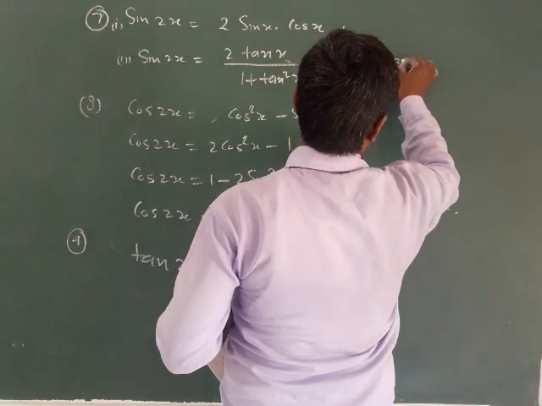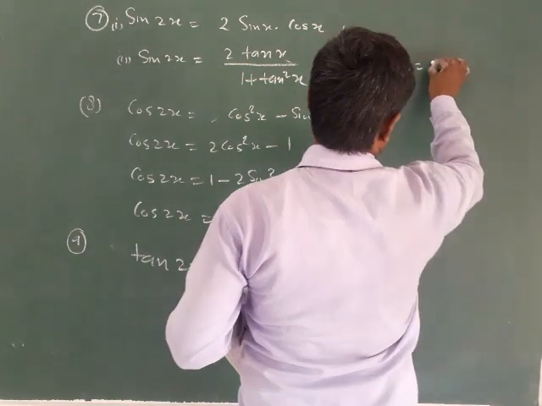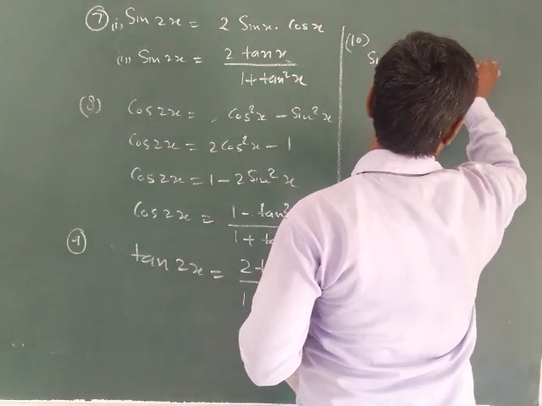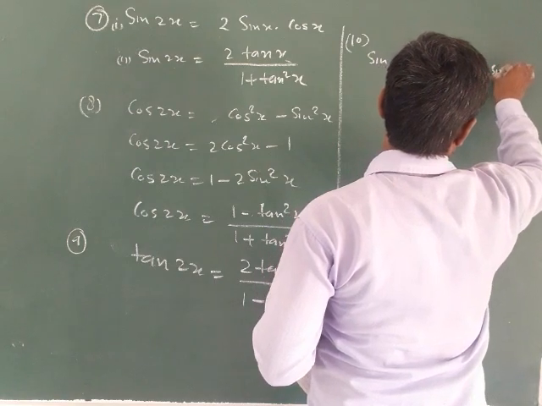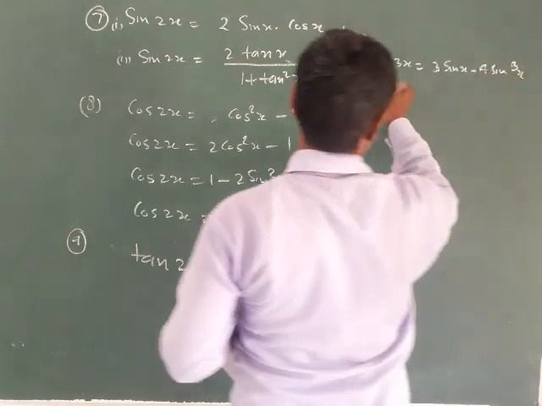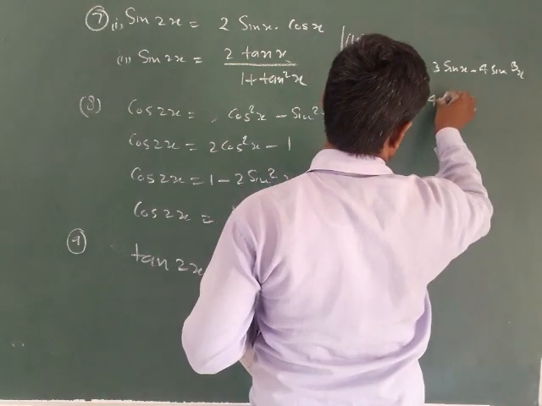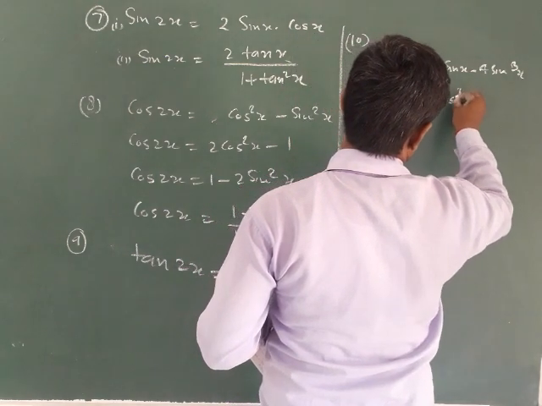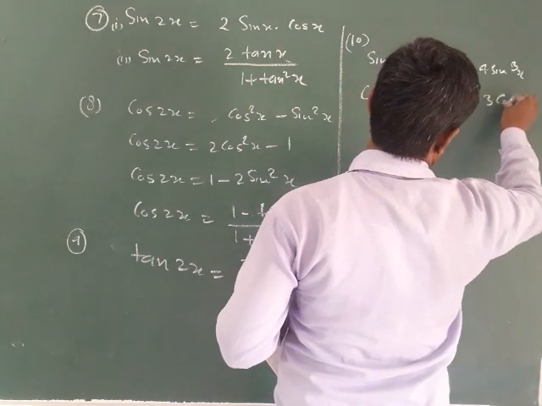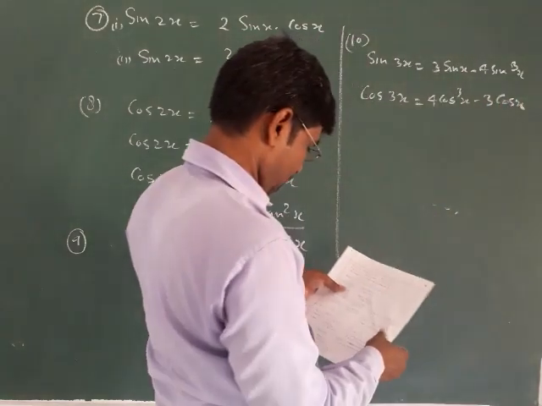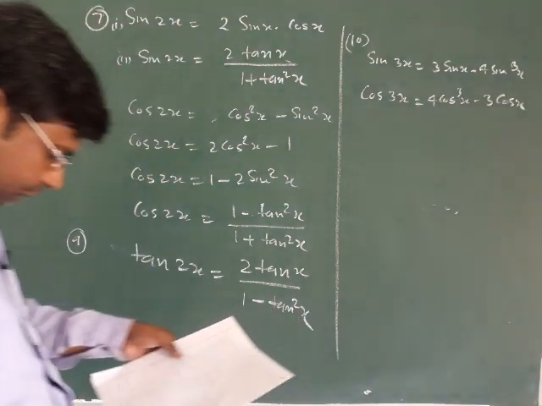Sin 3x is equal to 3 sin x minus 4 sin cube x, and cos 3x is equal to 4 cos cube x minus 3 cos x.